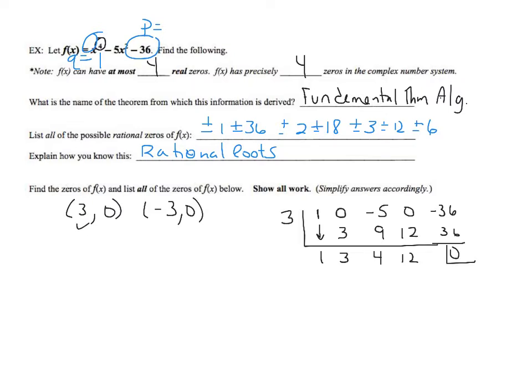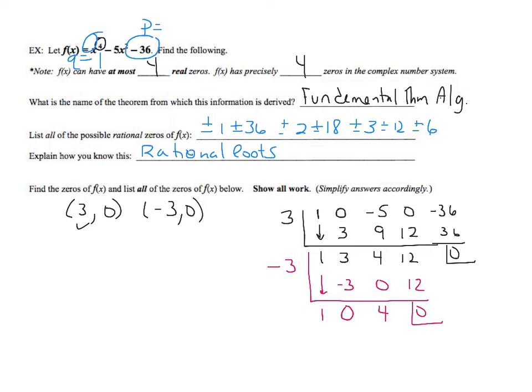Now interestingly in this case, I know another zero. So whatever numbers I have remaining, the 1, 3, 4, and 12, I'm going to immediately divide the other one, the -3. So I bring down the 1, -3 times 1 is -3, I get 0. -3 times 0 is 0, 4 plus 0 is 4. -3 times 4 is -12, and I get another 0.